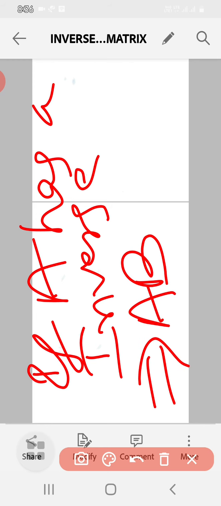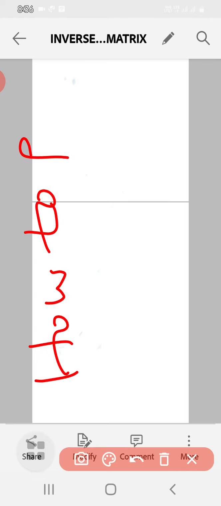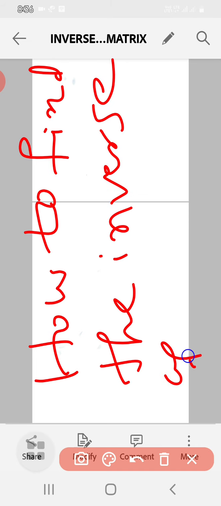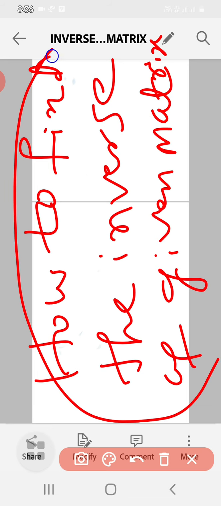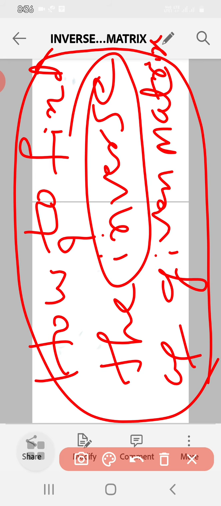There exists another matrix B such that the product of both matrices is equal to I. Then the question is, how to find the inverse of a given matrix? This is the important question for us to answer in this class.